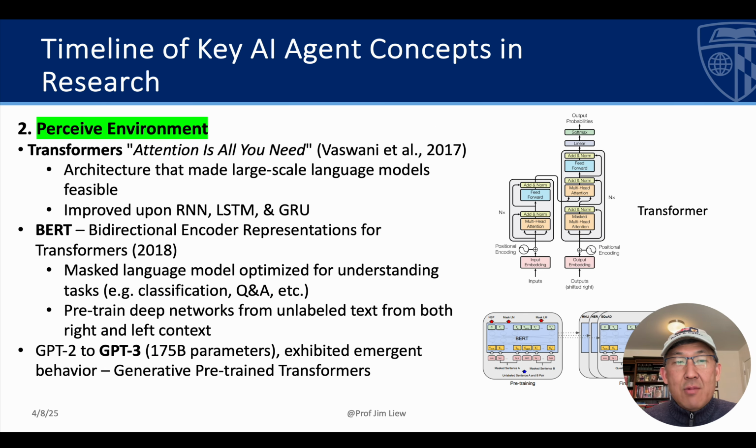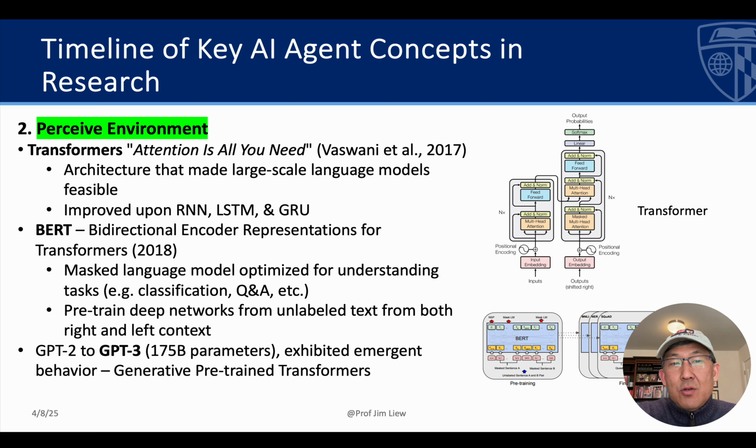Now, perceiving the environment is very interesting, because we had a lot of data on the internet, and all these books that were written before the internet, but we really didn't have a way to take all that information and compress it into a knowledge base, or what I'll call a compressed brain of information.